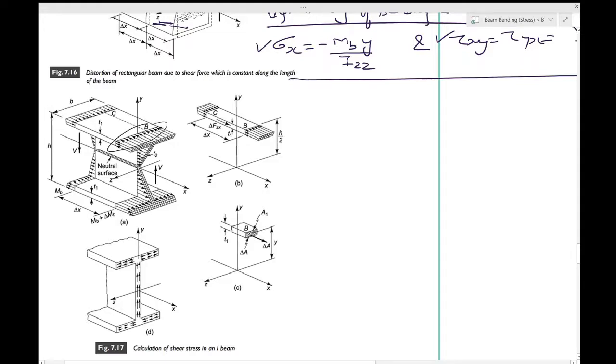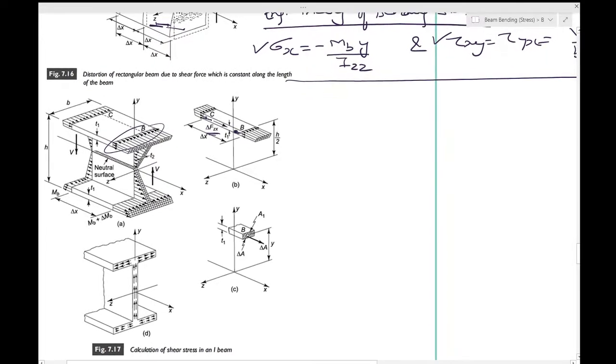We see that there must be a shear force delta Fzx on the positive z face. So we are now referring to the positive z face, this face, in the x direction.